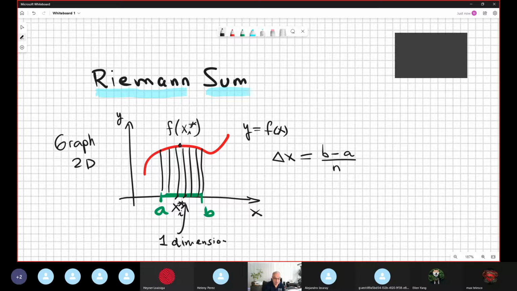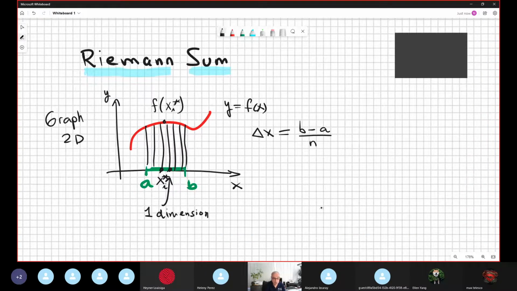The beauty is that it doesn't matter. You can take the left endpoint, the right endpoint, the midpoint, or any point inside the partition, and you compute the Riemann sum, and the answer converges to the same value. This is the beauty Riemann discovered.